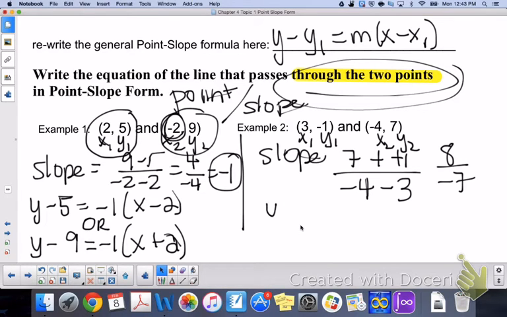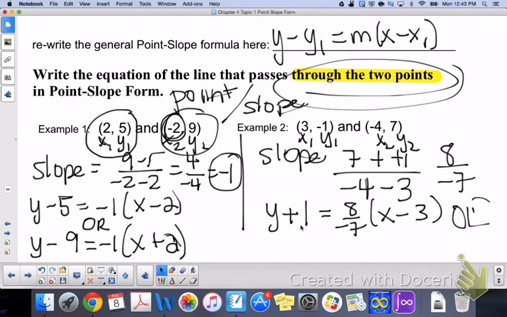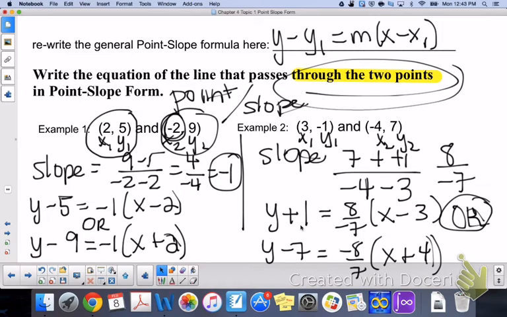So we have y minus y1, which is negative 1, so y plus 1 equals m times x minus x1, so x minus 3. Or you could use the second point, y minus 7 equals negative 8/7 times x minus a negative 4 becomes x plus 4. Either equation is fine.